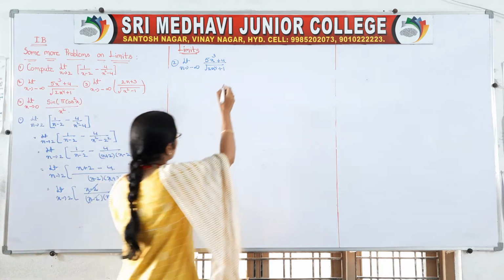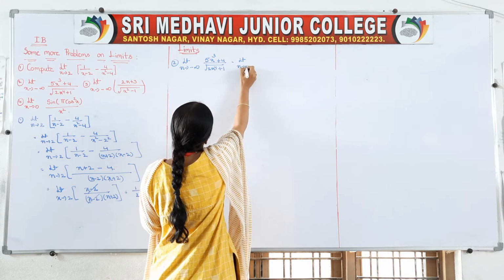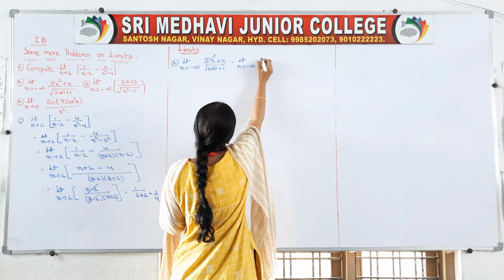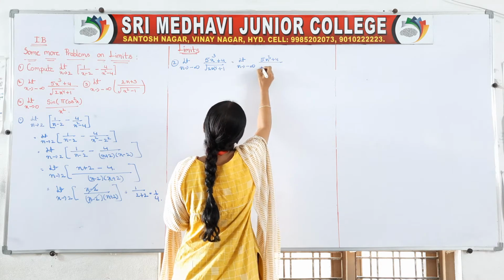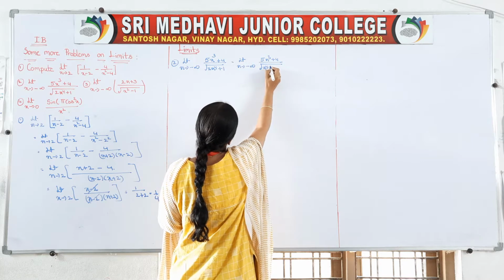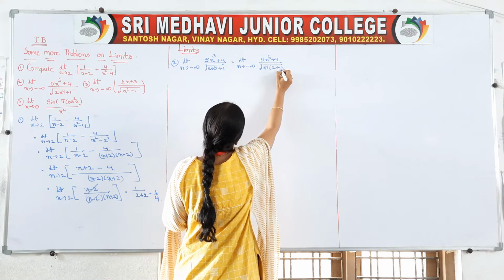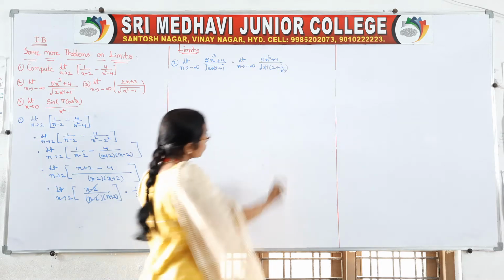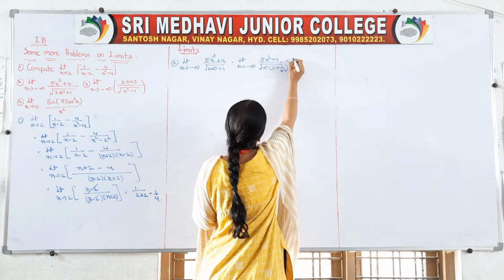Okay, so how will we take the values outside? Limit x tends to minus infinity of (5x cube plus 4) by root of, with this you take x to the power of 4 common, then it is 2 plus 1 by x to the power of 4. Now write separately root, then what happens?